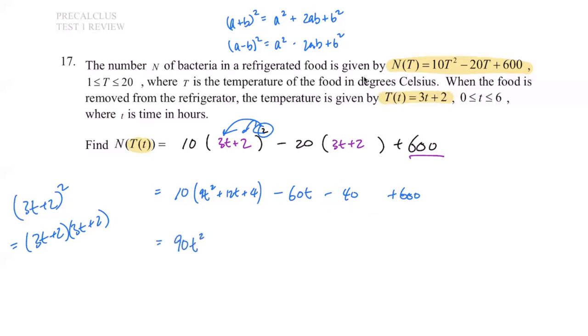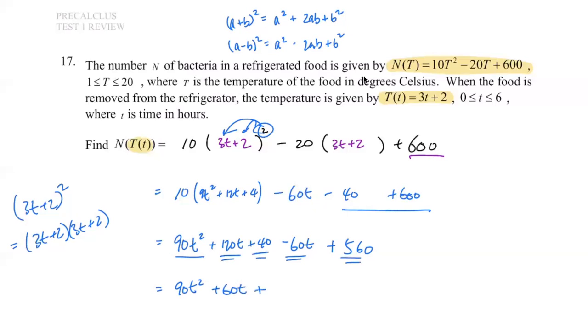So 90t squared plus 120t plus 40 minus 60t minus 560. I'm going to combine like terms. I have this one by itself, and then I have this one, which is plus 60t.